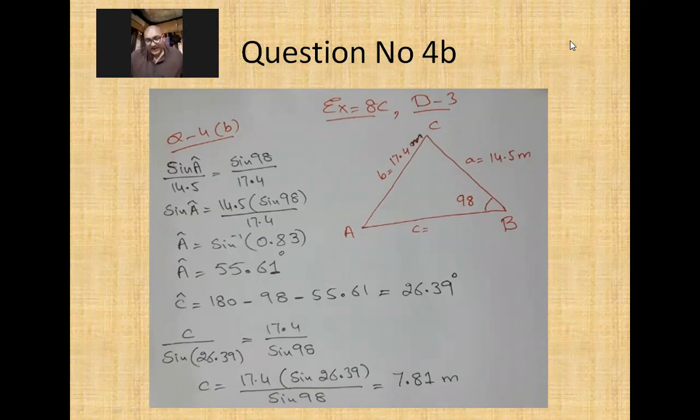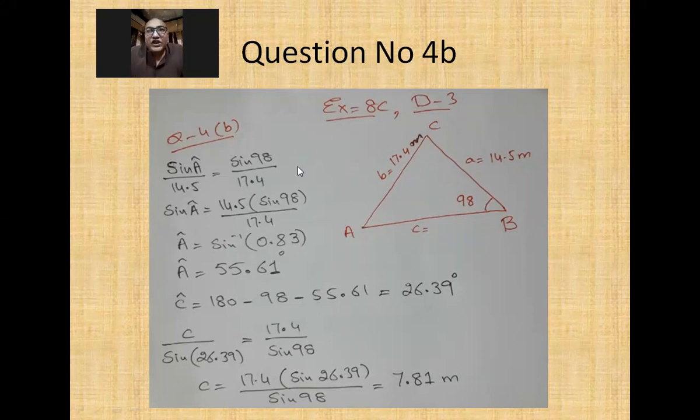He says find the unknown angles and the sides. Okay, so I know this side opposite to this angle. I know this side. I can very easily find this angle by using the sine law. So I will write sine A, I don't know this angle A, divided by 14.5 equals sine 98 divided by 17.4. So I will make sine A alone.